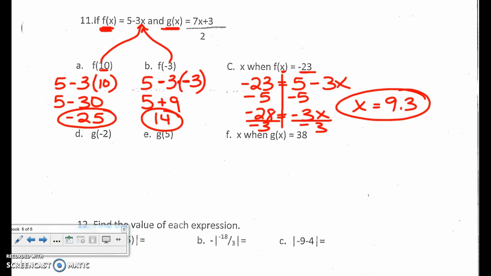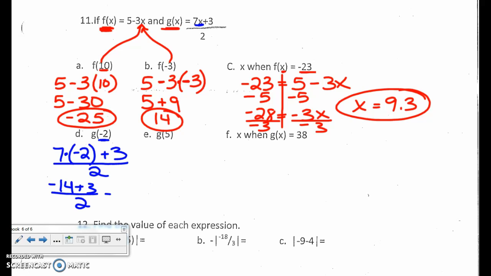Now for D, E, and F, notice that they're g of x, so I'm going to use my g function. I'm given an input, so I'm going to put it in for x. So I have (7 times negative 2 plus 3) divided by 2. I would multiply the top first, so we have negative 14 plus 3, divided by 2.